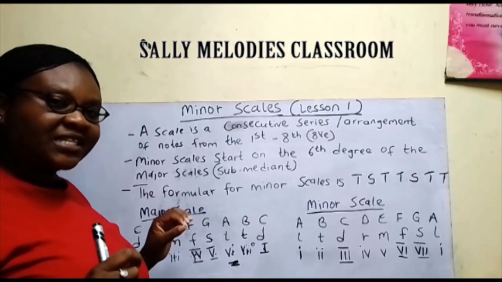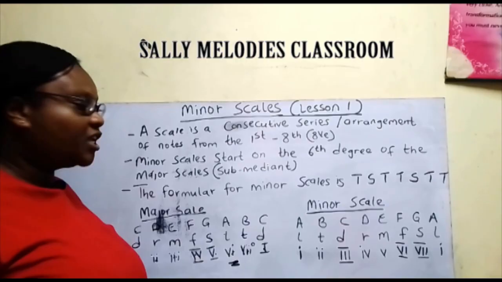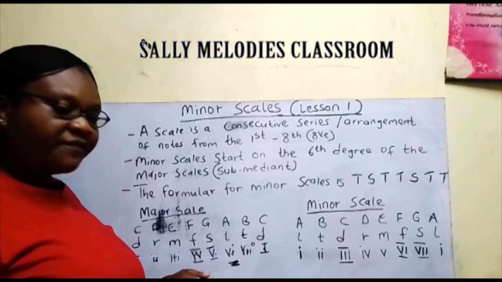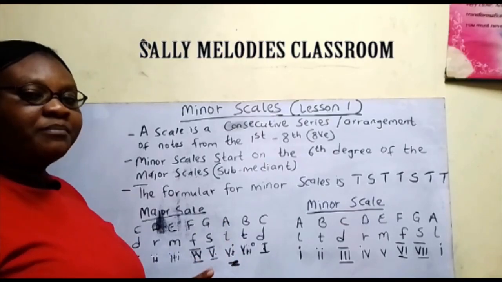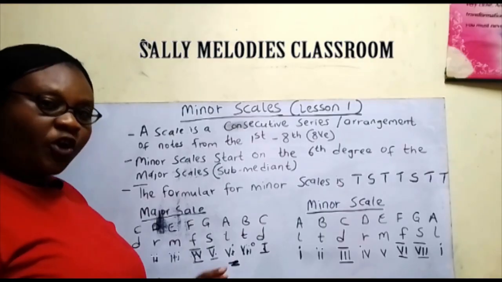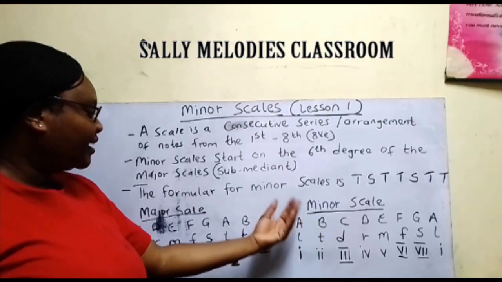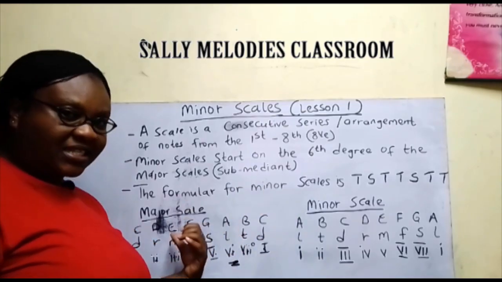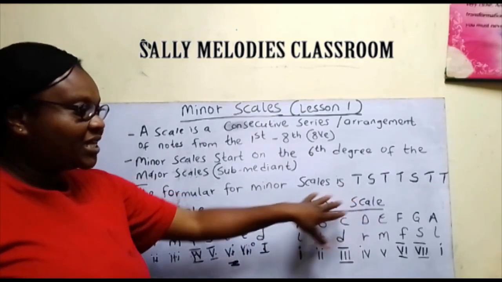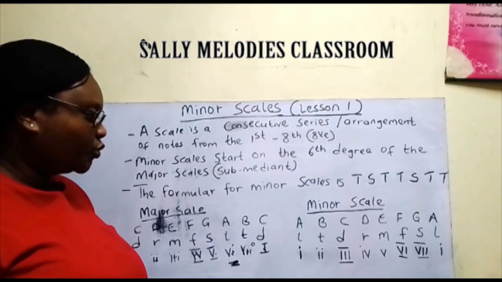C doesn't have any accidental. Whether on the keyboard or on the staff, C will always remain natural, with no sharps or flats. Being the relative minor of the C major, it also doesn't have any accidental.